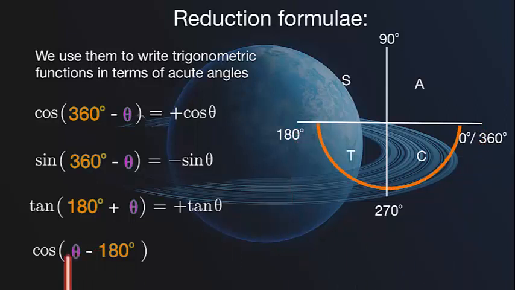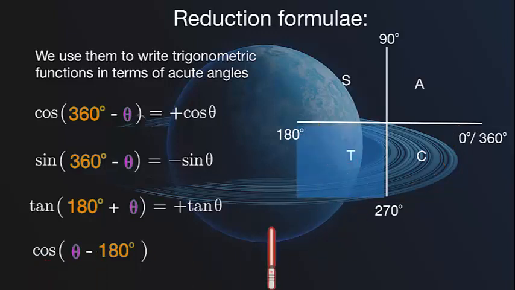And then this is a positive theta, so we go anti-clockwise and we end up in the third quadrant. We're busy with the cosine. In the third quadrant, cosine is negative, so we write the negative sign, then we write the cosine down with the acute angle next to it, and there we go.